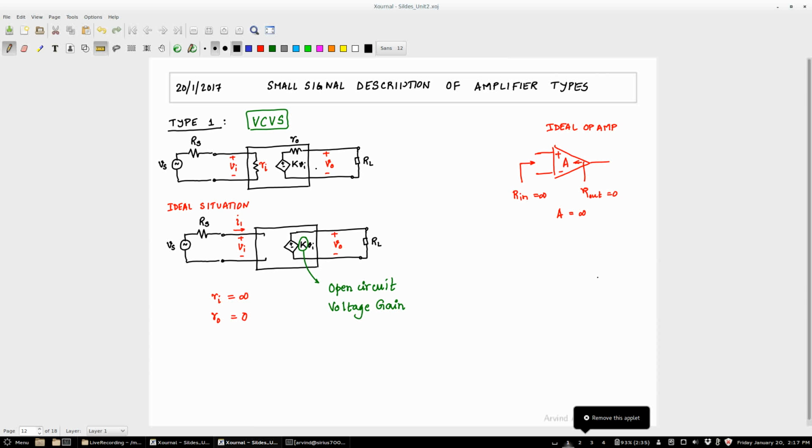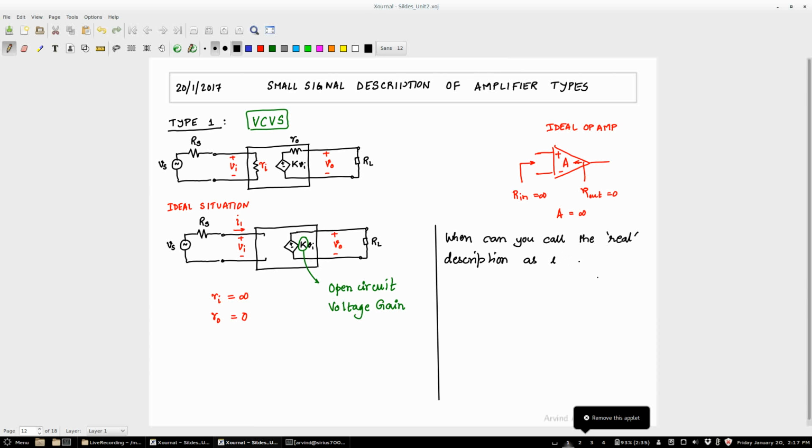It is a voltage controlled voltage source. All right. Now, let us go back to the real situation, and I asked the question as to under what situation does the real description of this amplifier qualify to be close enough to ideal.